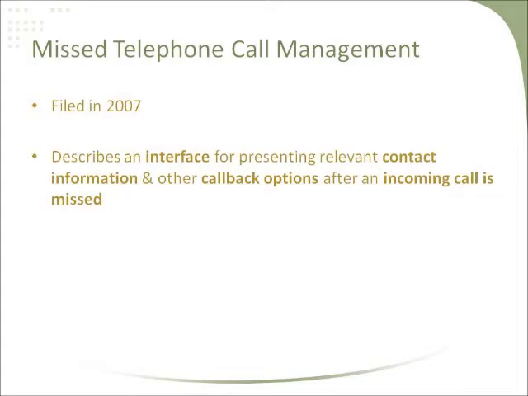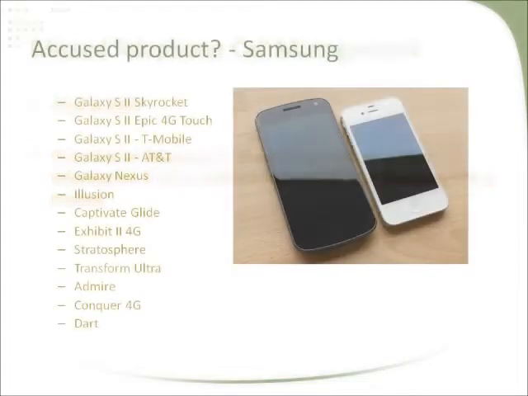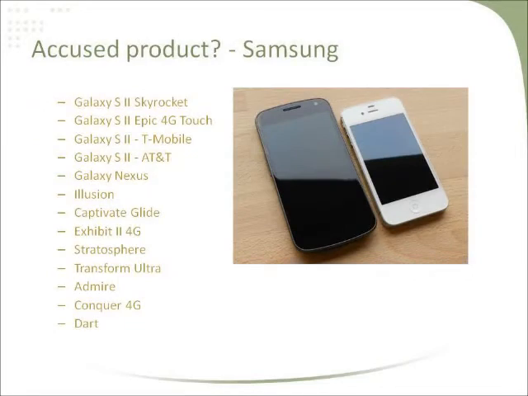And so after looking at this, we're going to look at how the claim actually directly shows that the Samsung products infringe upon Apple's patent. If you don't remember, for the last 2 weeks I already said that the accused products are all from Samsung.